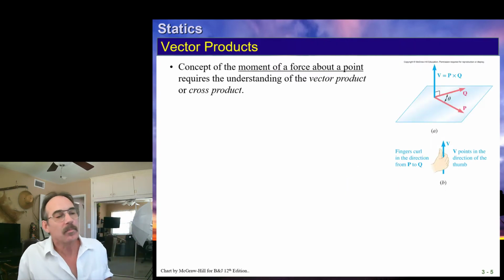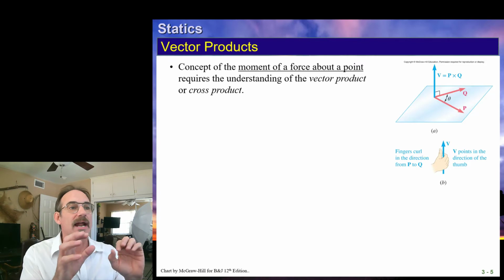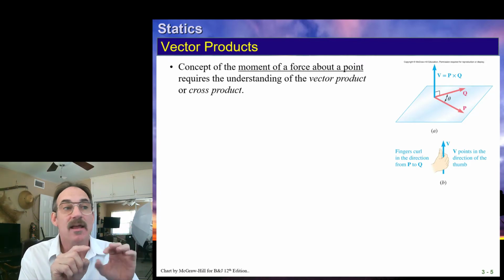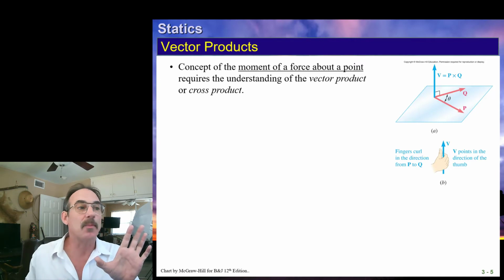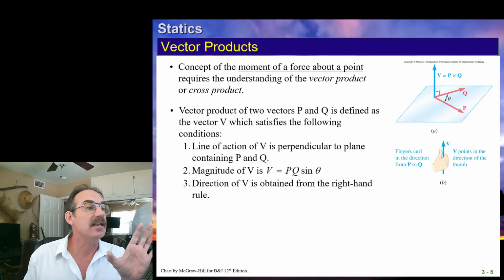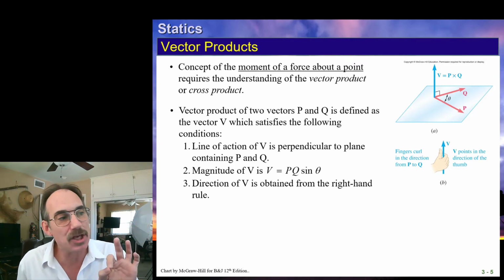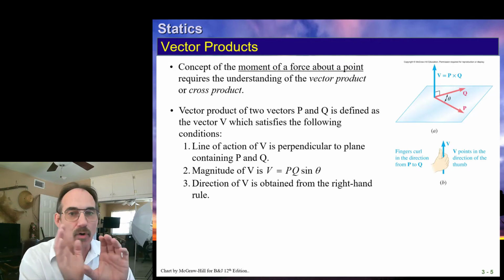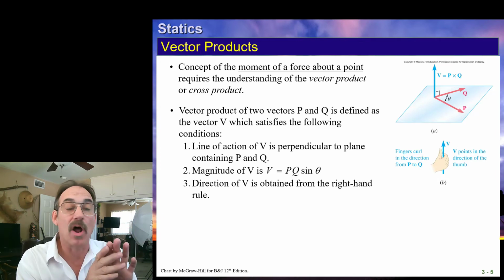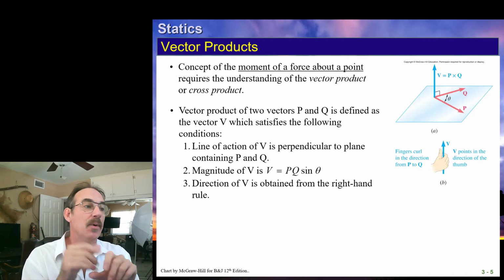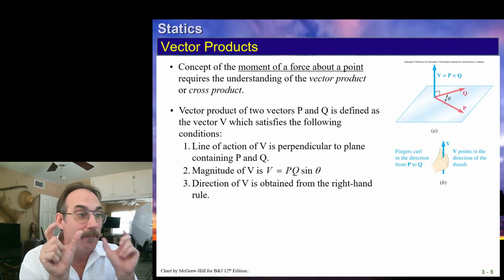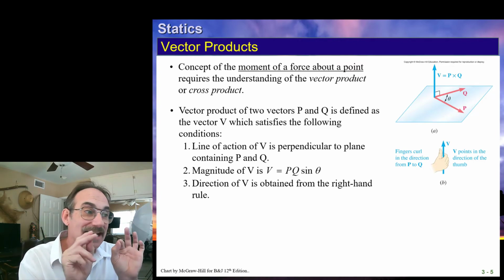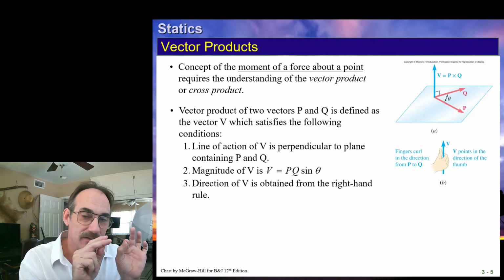Okay. Now, vector products. We actually go into that in video 5A, which basically we're saying when we define the vector product, and I'm going to get a little more on this slide, we're defining it as PQ sine theta. So if we're taking the cross product or the vector product of P with Q, then we would take the magnitude of P, the magnitude of Q, and sine of the angle between them, and that is the magnitude of the resultant.